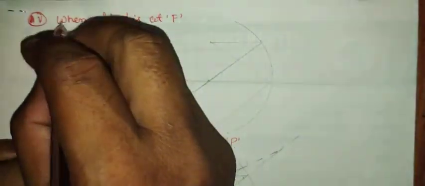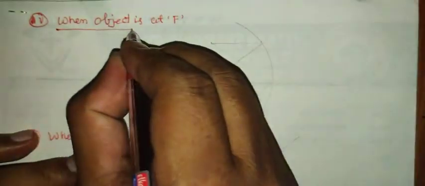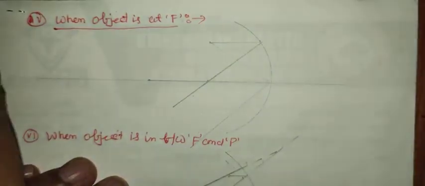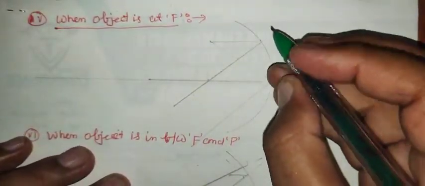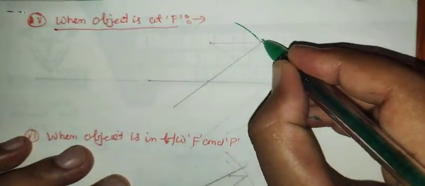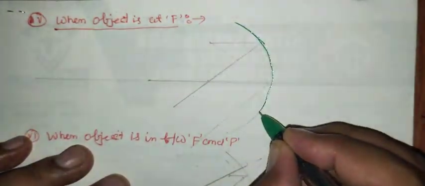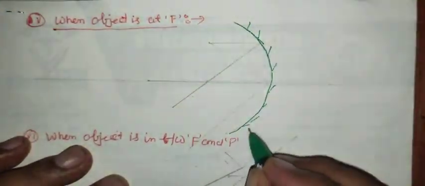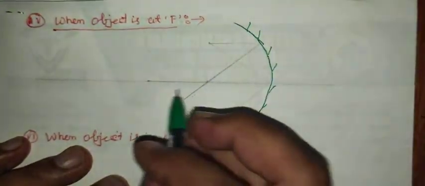Now see the next, when the object is at focal point F. See where the image will be formed by the concave mirror. Let this be the concave mirror, its reflecting side is here.